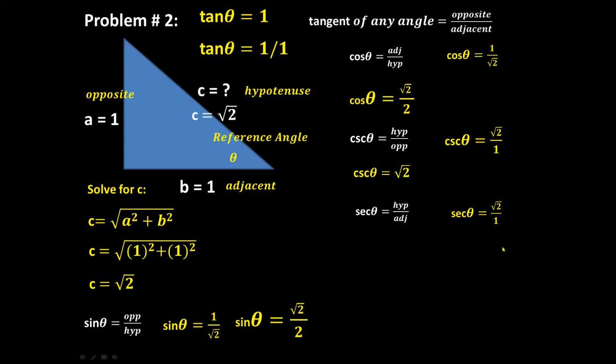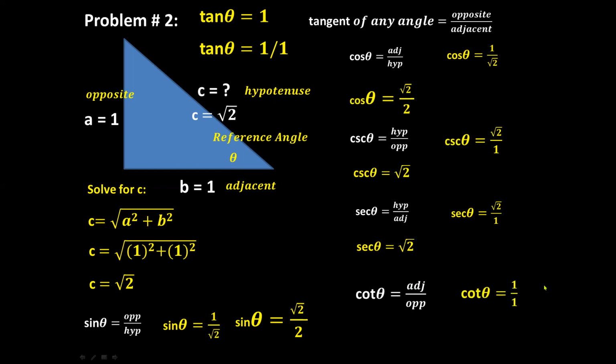Pwede ko nang alisin yung 1 denominator. Automatic may over 1 naman yan. So secant theta is square root of 2 ang value. And then, how about cotangent theta? Adjacent over opposite. 1 ang adjacent, 1 ang opposite, 1 over 1.